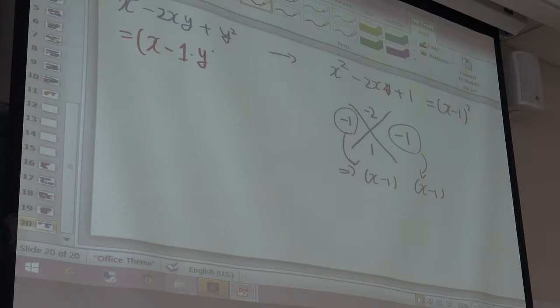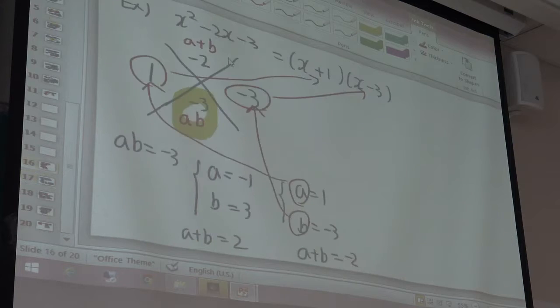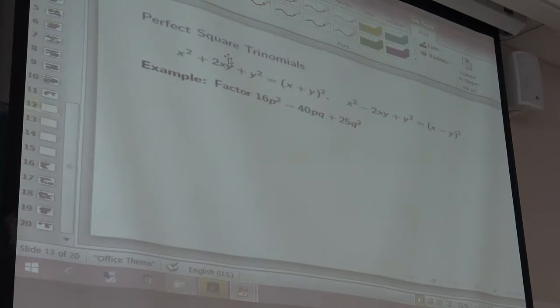Instead of 1, we actually have y squared. So just imagine 1 is y. Replace that, and we have x minus y squared. And that is this one.